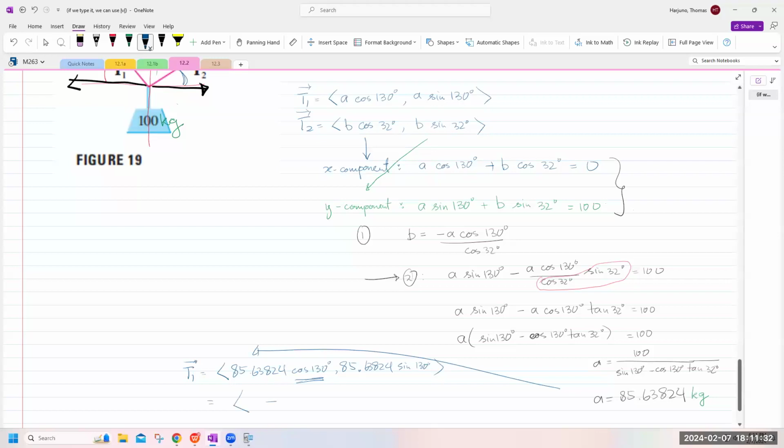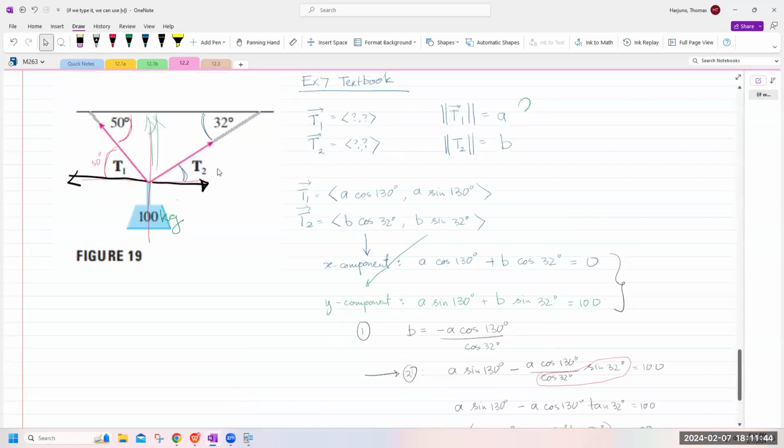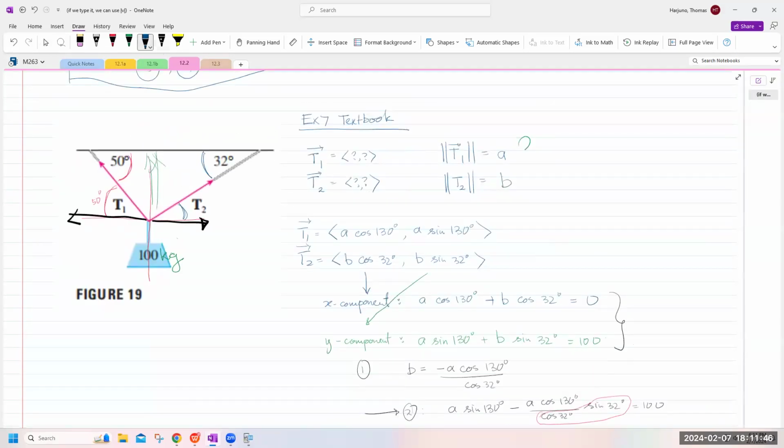That will give us a negative value for the x component. For the y component, sine is positive. Sine in the second quadrant is positive, so it will give us a positive y component. So as we expect, T2 is in the second quadrant. The x component is negative, the y component is positive.